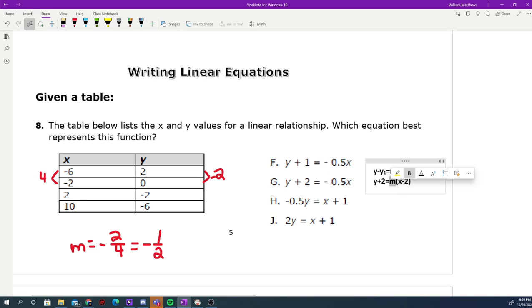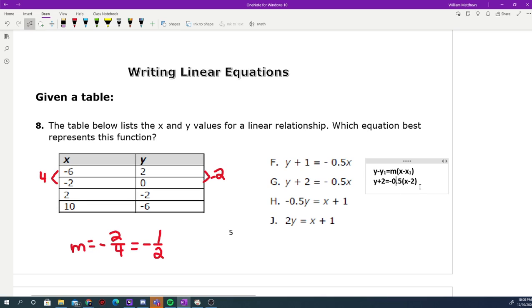But if we look at our answer choices, they are in decimals, except for our last one. So we want to change this to a decimal, which was negative 0.5. I'll put the 0 there to match it up even more. Now in this case, my point slope formula does not match up yet.